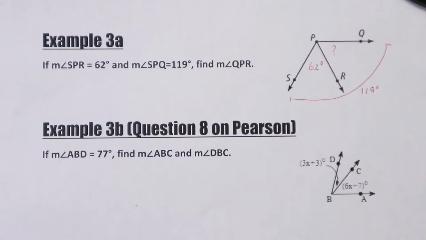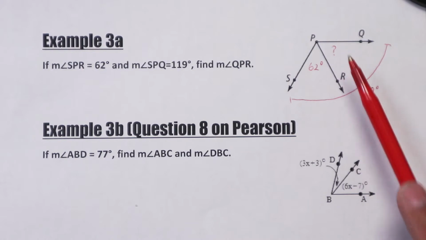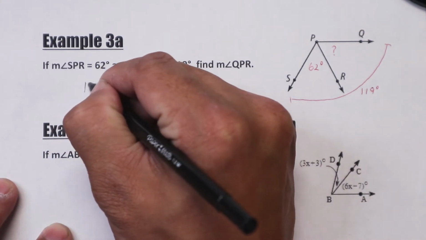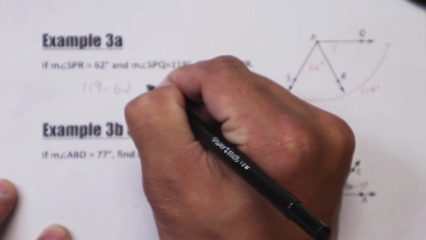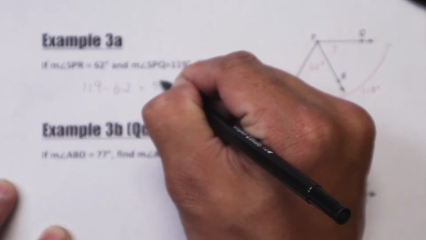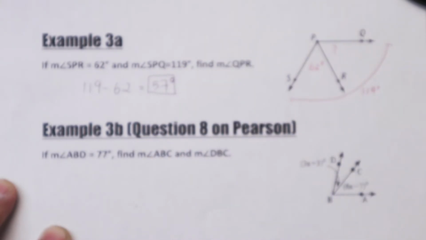Well, very easy. You have to find out 62 degrees plus how many degrees is equal to 119 degrees. So all you have to do is subtract them. You could do 119 minus 62. And when you use a calculator, the answer is going to be 57. Now don't forget to put the degree symbol on the top. So it's going to be 57 degrees like this.